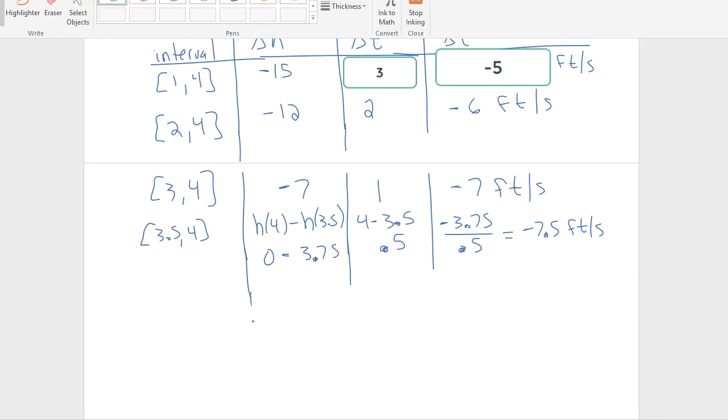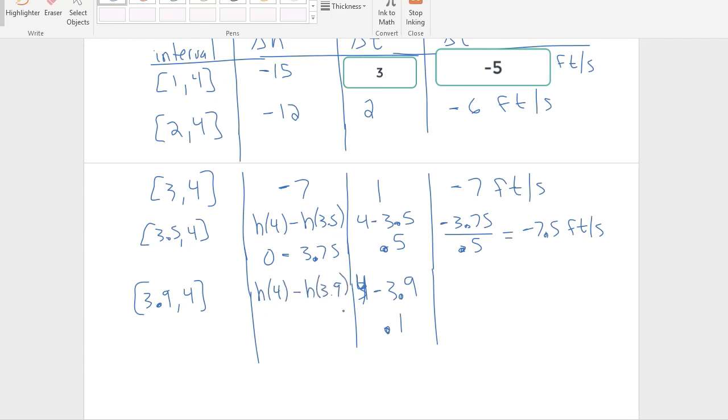So let's make the time interval even smaller. Let's go from 3.9 to 4 seconds. My change in time is 4 minus 3.9, and that's going to be 0.1, obviously. Then we take the change in height.